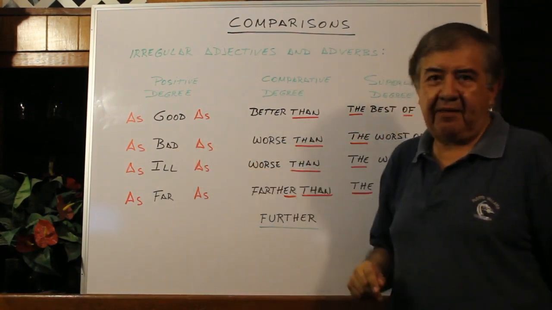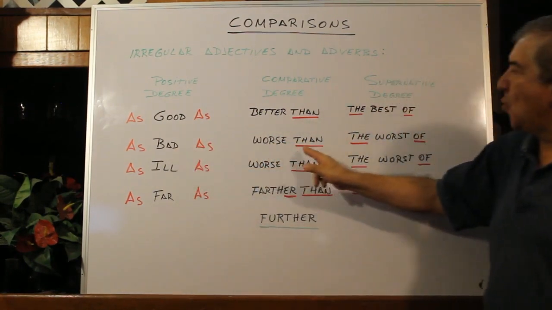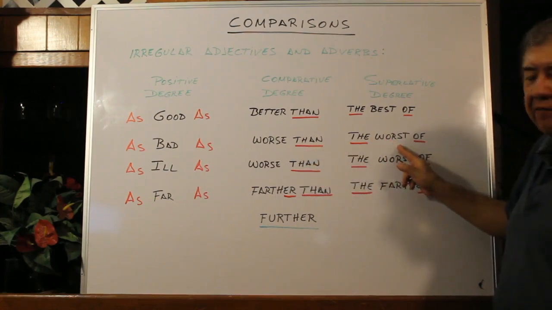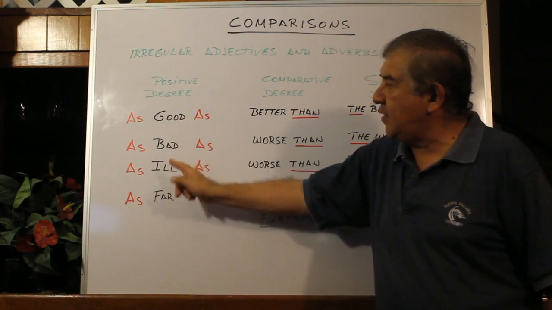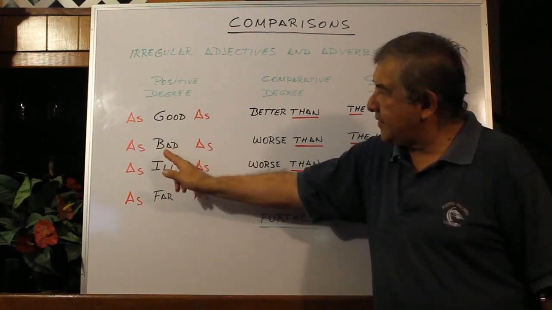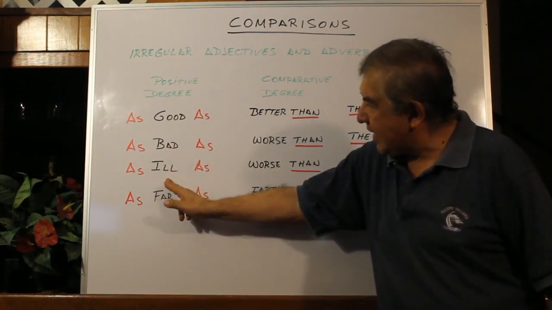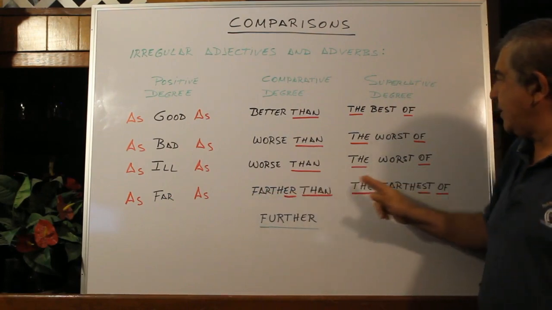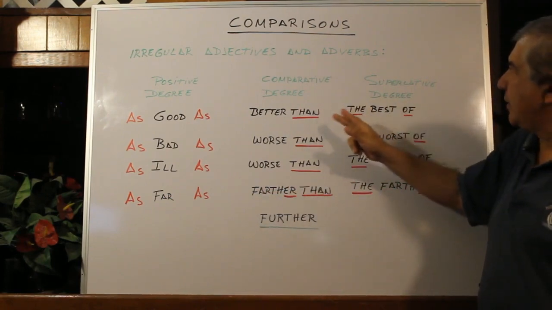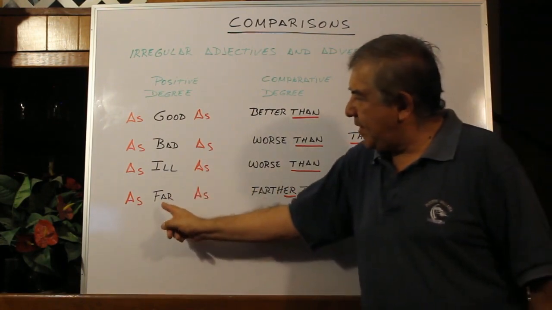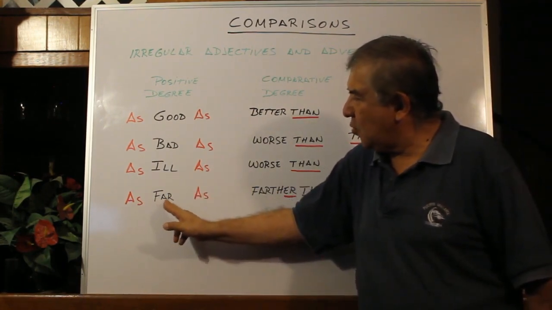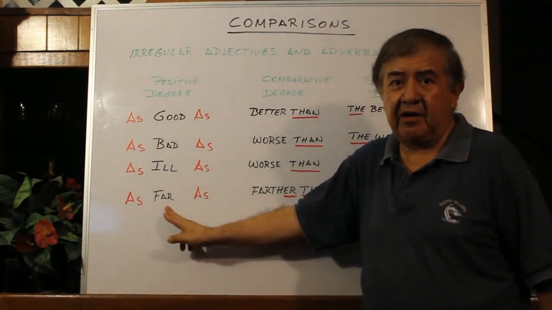The adjective bad. Bad, worse than, the worst of. When we have the adjective ill, it is similar to bad. Here is as bad as, and here as ill as. Worse than and the worst of. The comparative and superlative form are the same. And pay attention here. Here we are going to use the adjective far.